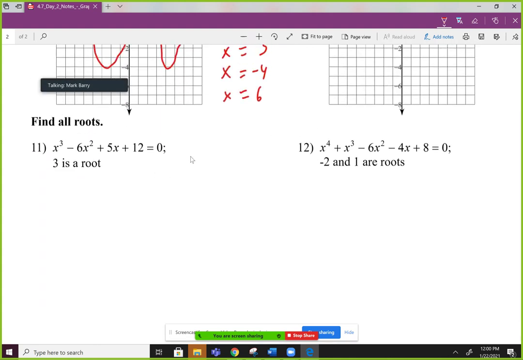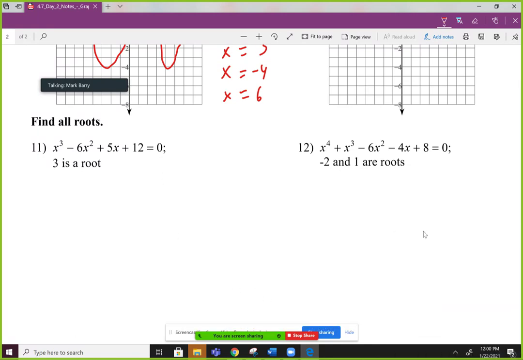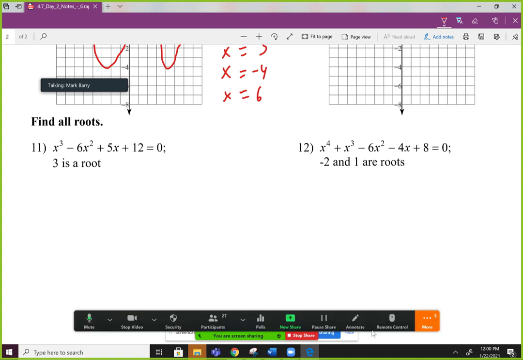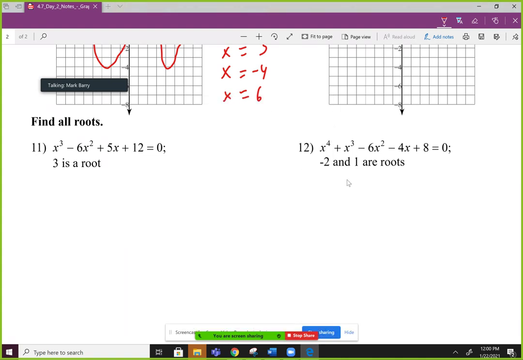Okay, so number 11 says find all roots, and it starts off by telling you that 3 is a root, okay? So, we actually did these before, okay? This is the one where we put 3 in the cupboard. And then we do our synthetic division. Remember these?